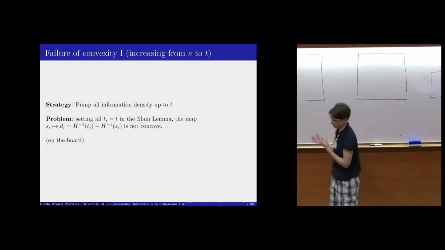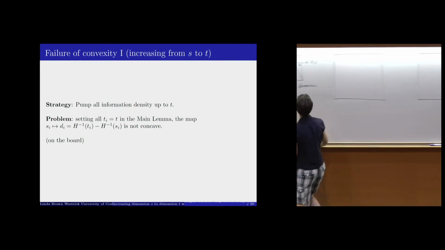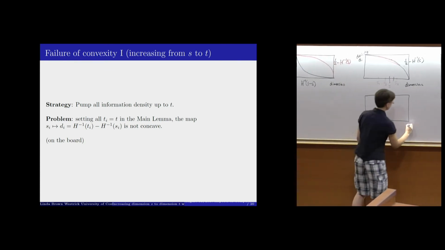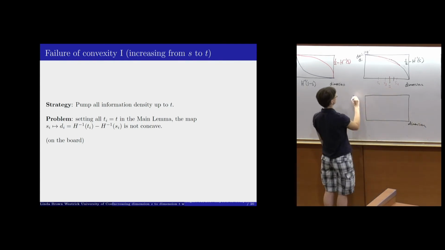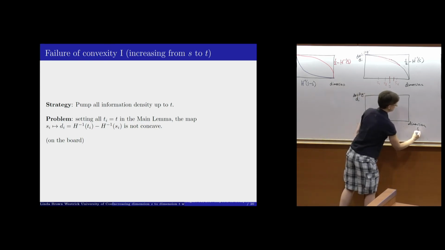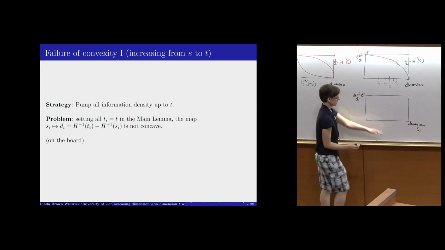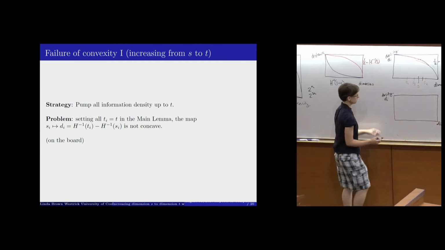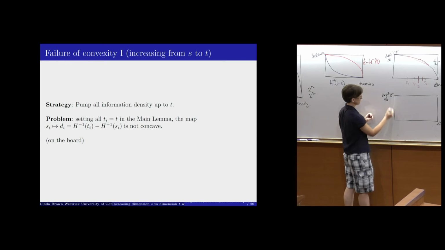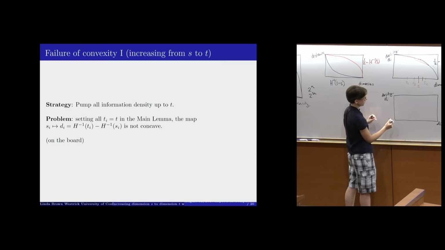So the analog of that in the fixed t case would be: whatever dimension of chunk the opponent gives you, you raise it using whatever distance is needed to get to dimension t.